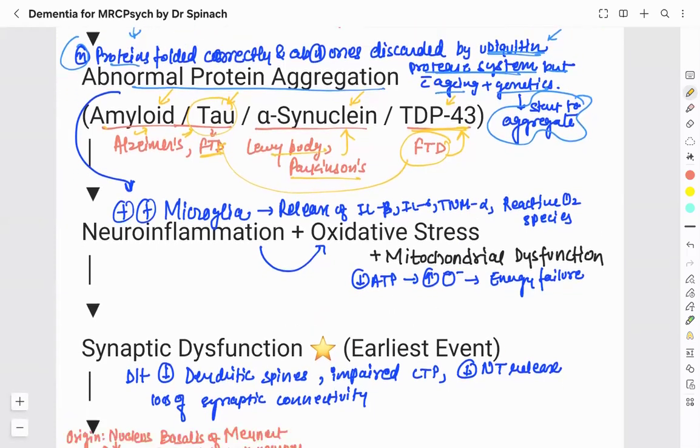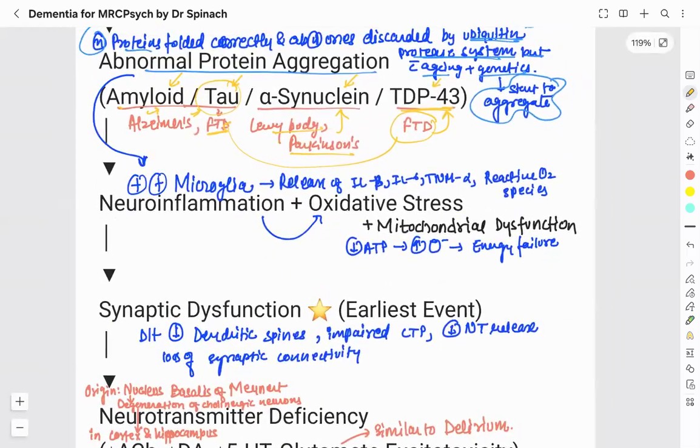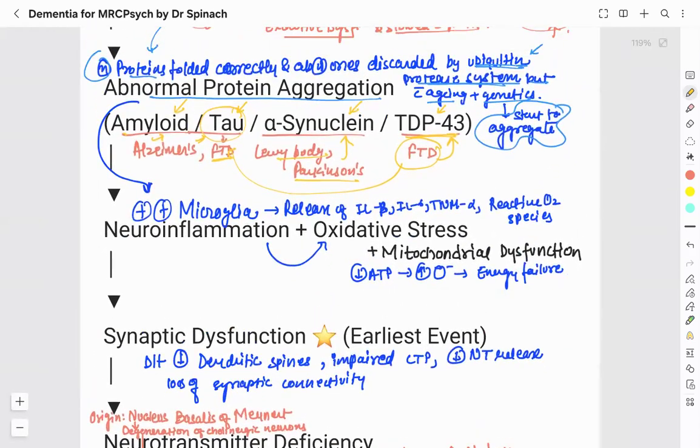Then what happens next is, when there is protein aggregation on the neurons, it is going to activate microglia, which will release inflammatory factors and cytokines. These include interleukin beta, interleukin 6, TNF alpha, and of course reactive oxygen species, which will lead to neuroinflammation and oxidative stress.